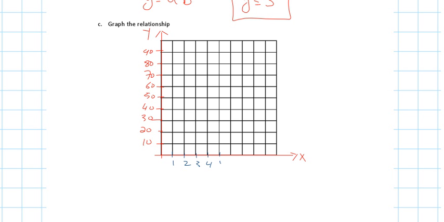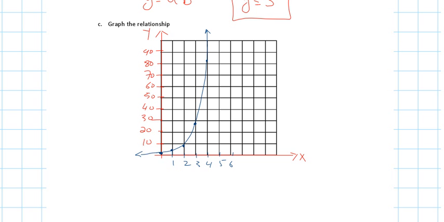So 0, 1, 1, 3, 2, 9, 3, 27, 4. So you look at this. All right, so we graphed it.